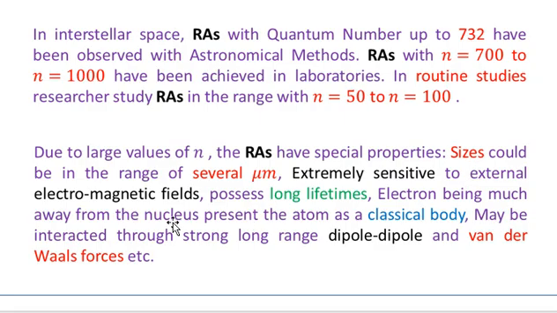And these may interact through strong long-range dipole and van der Waals forces. So long-range dipole interaction is possible with such Rydberg atoms, and the van der Waals forces can also have a long range with such Rydberg atoms.